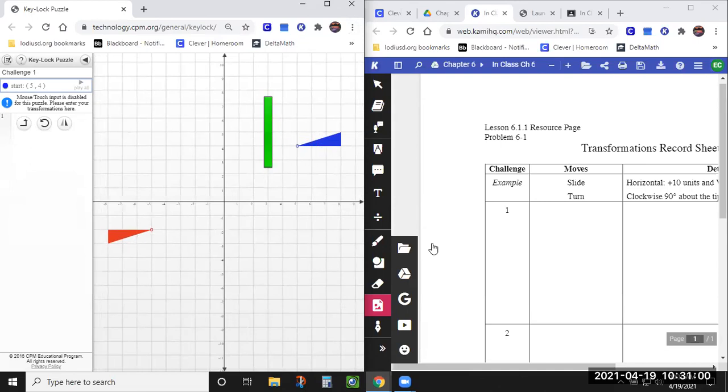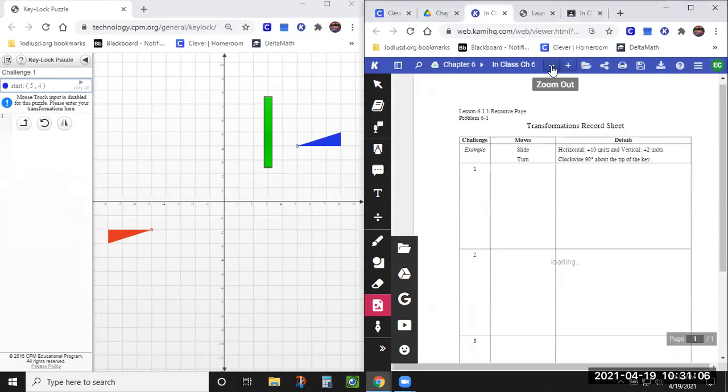It's the same process. So what should we do first? What kind of move should we do first? A slide, a turn, a spin, or a flip?